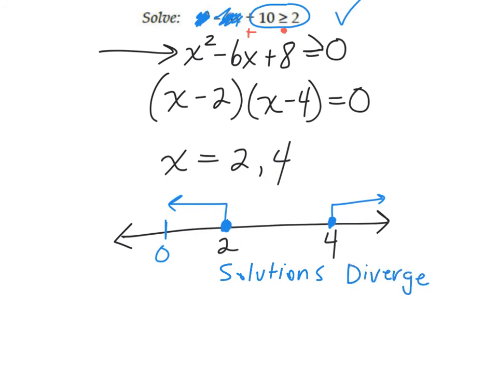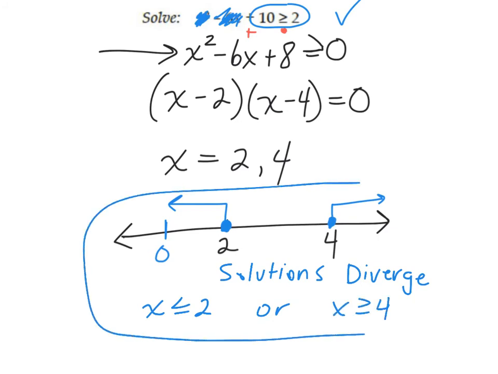So our full solution here is that x is less than or equal to 2, or x is greater than or equal to 4. I have diverging solutions.